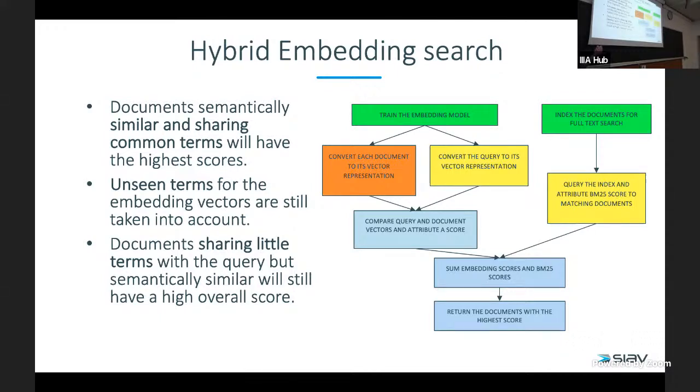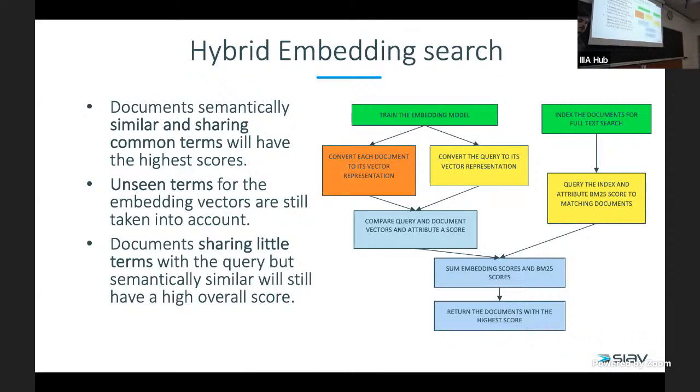So if you get a high score on both of them, you will get these results on top. However, when you have some unseen terms which are just not taken into account by your embedding model, you will still get results which take this unseen term into account, because you will have a not very high embedding score, but a very high BM25 score. So they will likely appear in your search results.